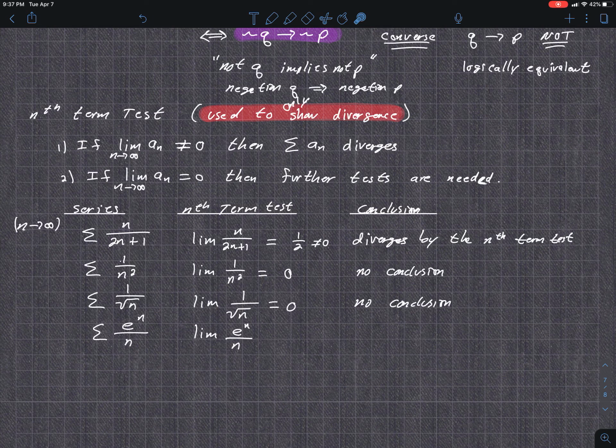But you can show that by L'Hopital's rule. You have e to the x over x. If the real valued function approaches something, then so does the sequence. We saw that in the last section. So this actually equals infinity. So it diverges by the nth term test.